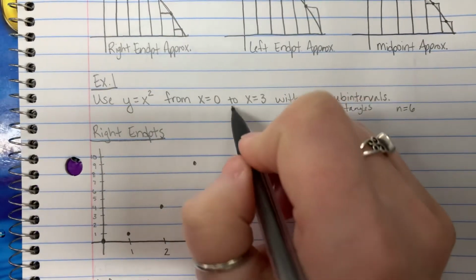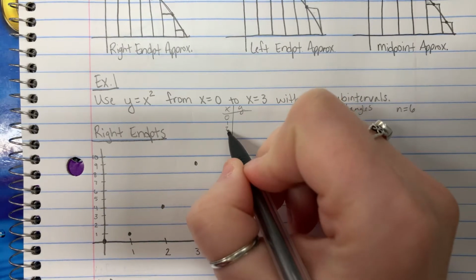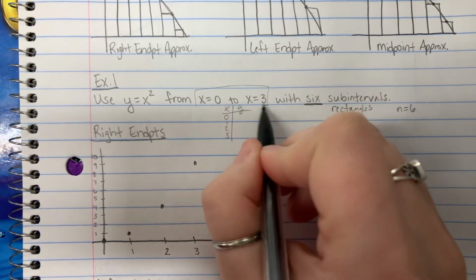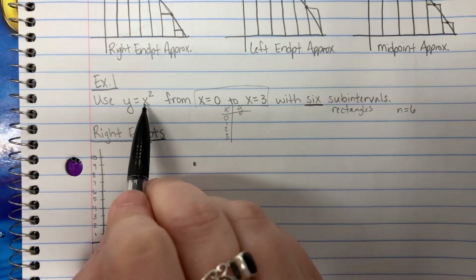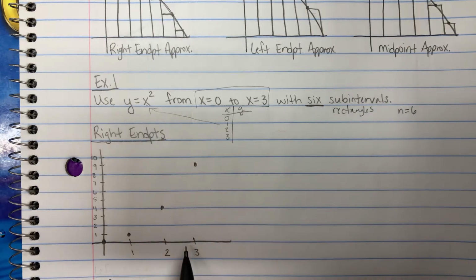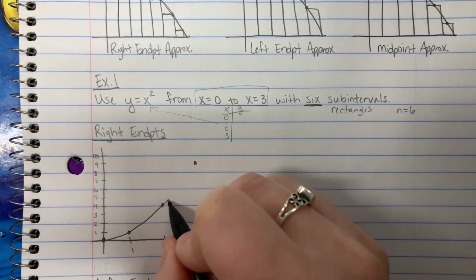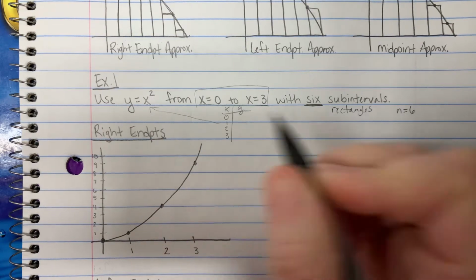So essentially what I just did is I made a table, and I plugged in 0, 1, 2, and 3 because that's what they told me to use right here. And I plugged them into this function in order to get my y values, okay? So then I've got this curve happening. I know it looks something like this.